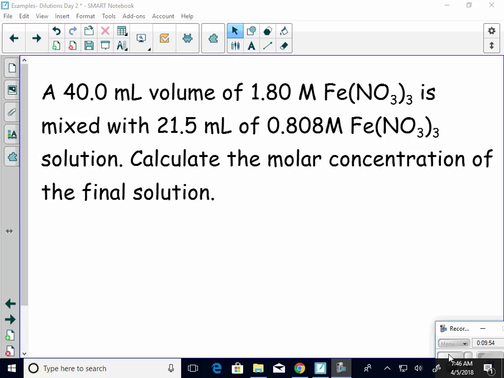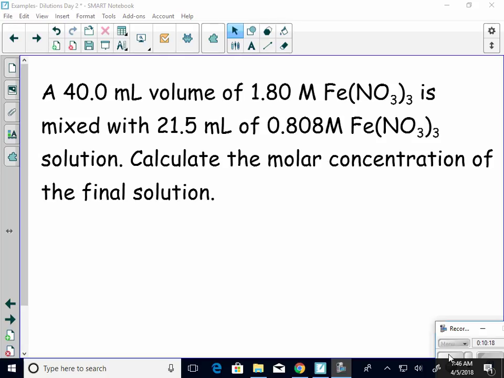Well, what I'm doing here, folks, is I have two different solutions with two different concentrations and two different volumes. I need to find out what my final molarity will be. So it says calculate the molar concentration.